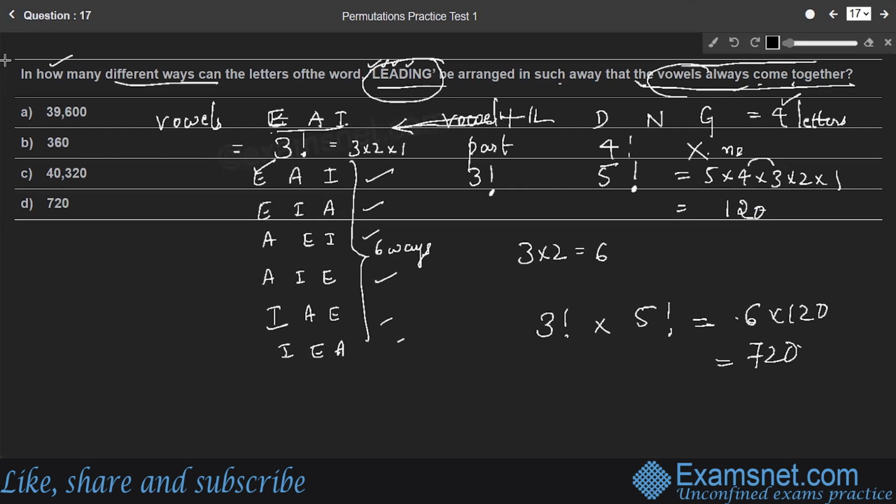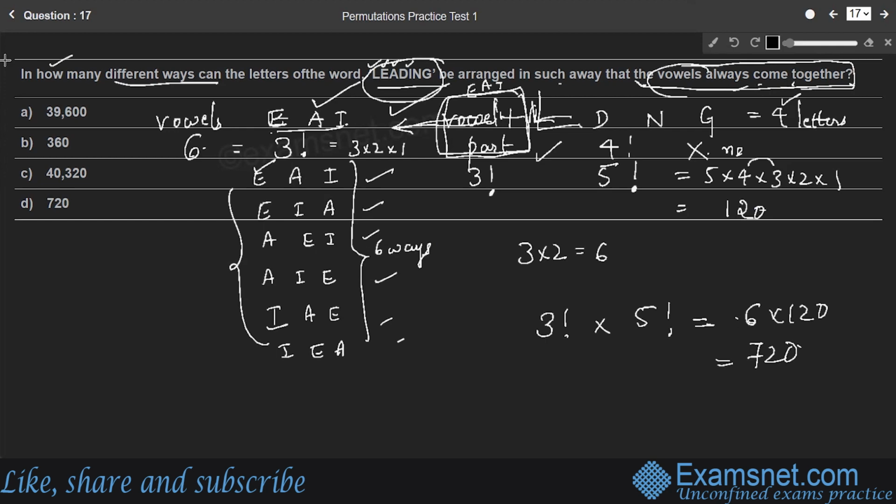Here the condition is that vowels should always come together. Therefore, we have to go for that part first, the condition given. In how many ways can vowels be arranged? In 6 different ways, which is factorial 3. Into, the number of different ways in which the remaining letters, including the vowel part, can be arranged is factorial 5, because the whole vowel part, a set of 3 letters, it may be AI or any way, is considered as one part, and the remaining 4 letters.